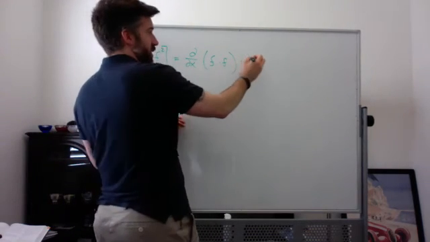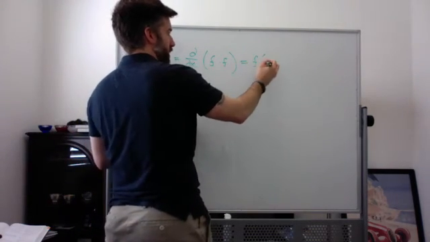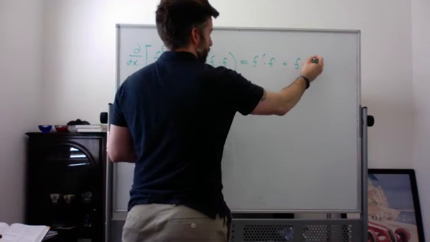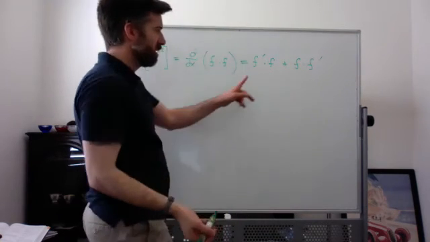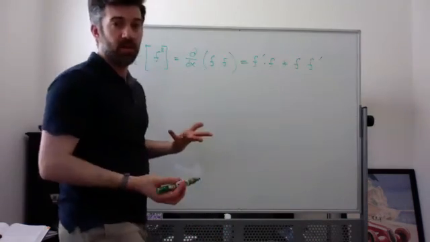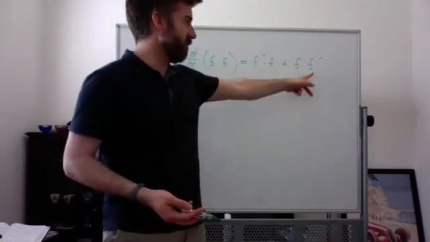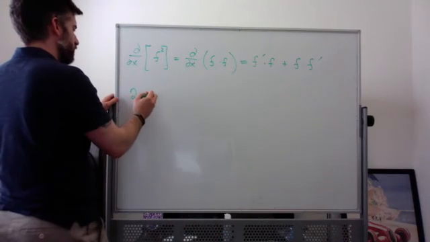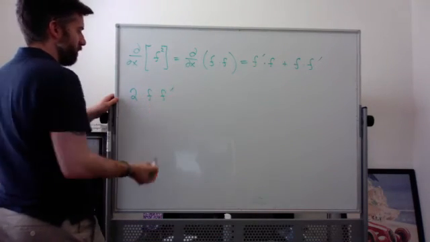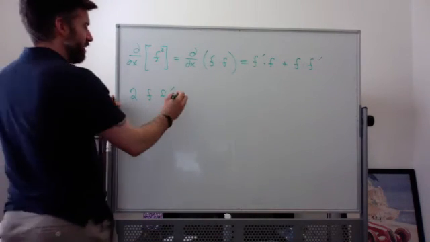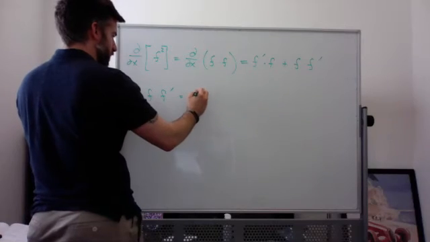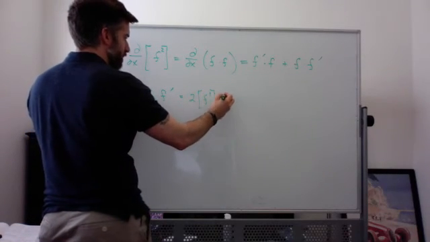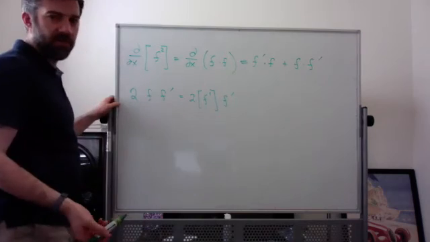It's the derivative of the first thing times the second thing left alone, plus the first thing times the derivative of the second thing. But those are the same, right? f prime times f and f prime times f are the same thing. So I really have 2 times f prime times f, but I could really think of this as 2 times f to the first times the derivative of my f.